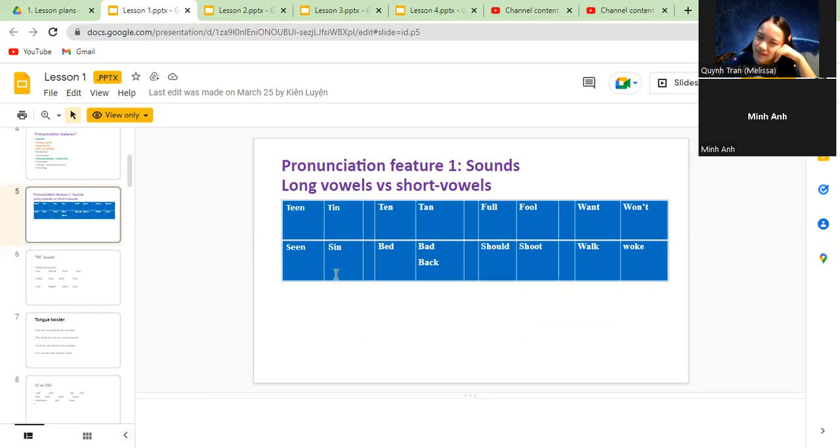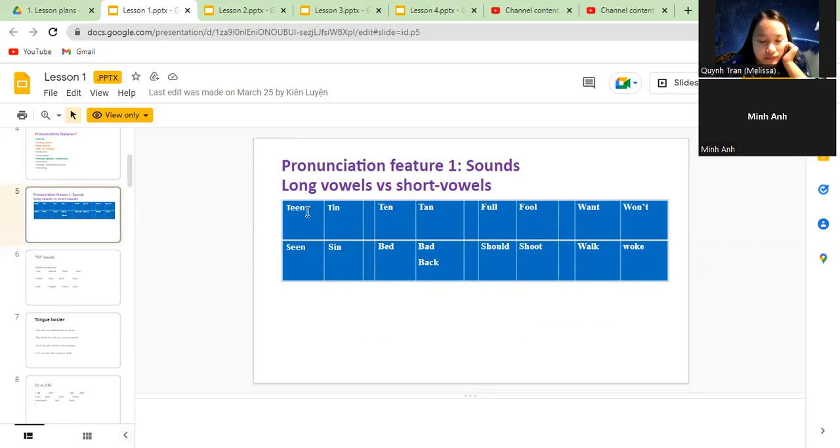I think it's not like that. In terms of the long vowel sound, we usually stretch our mouth like teen, like we smile a little bit.